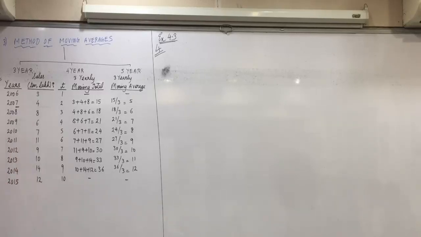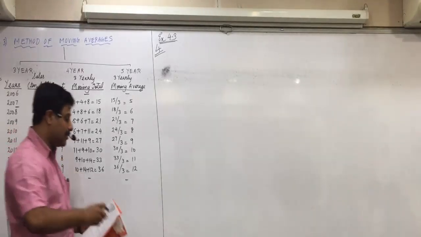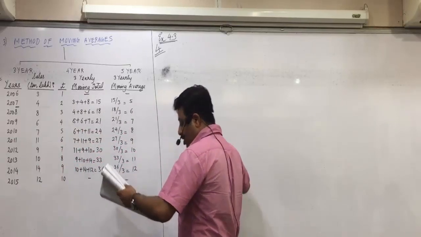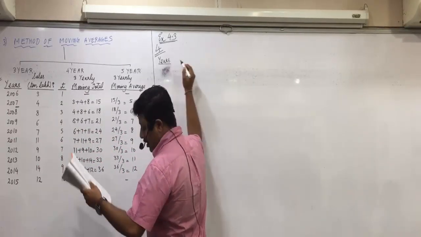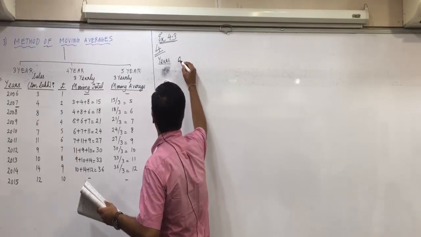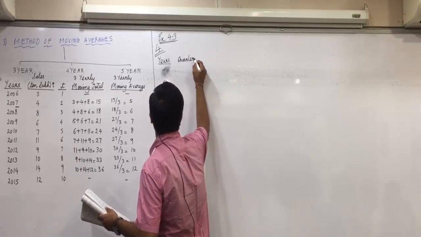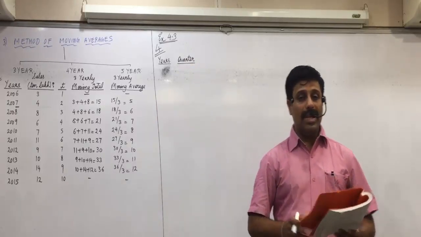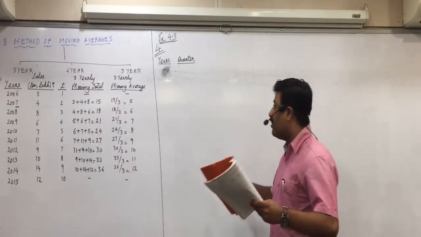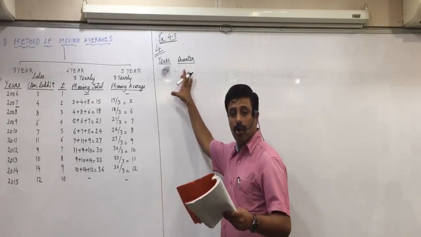Now here understand the columns first. Columns will also increase. In question 4, years are given, then quarter is given. Both are periods of time. So years we'll just write as a formality, otherwise the main time period is quarter.